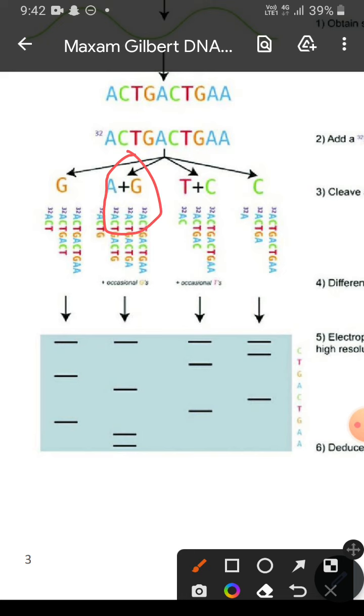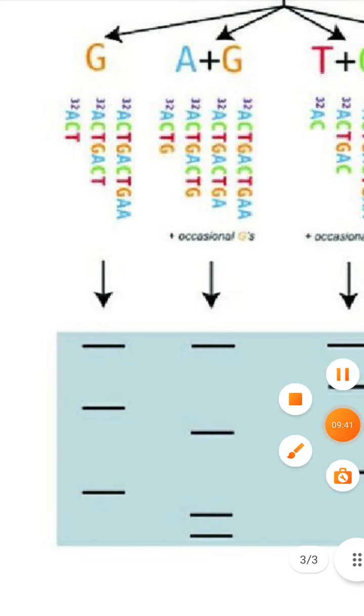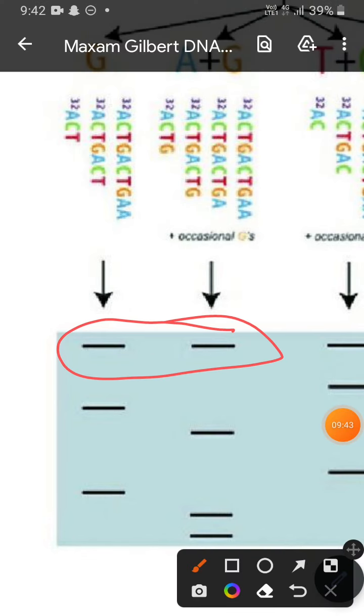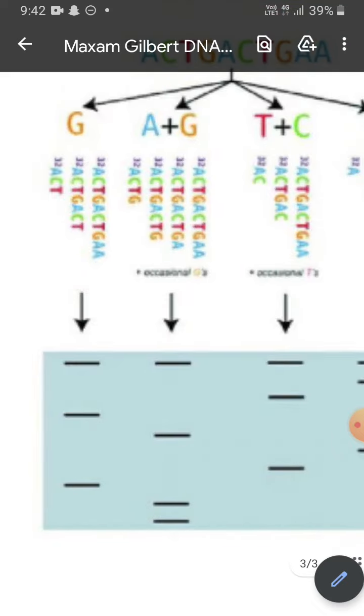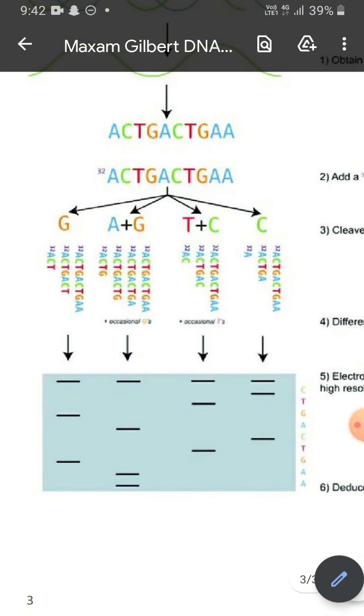Suppose there is a band, let's focus on that band, A plus G. This band is also present in A plus G and it is also present in G. So in that case we have to consider that here G is present. That is the idea.